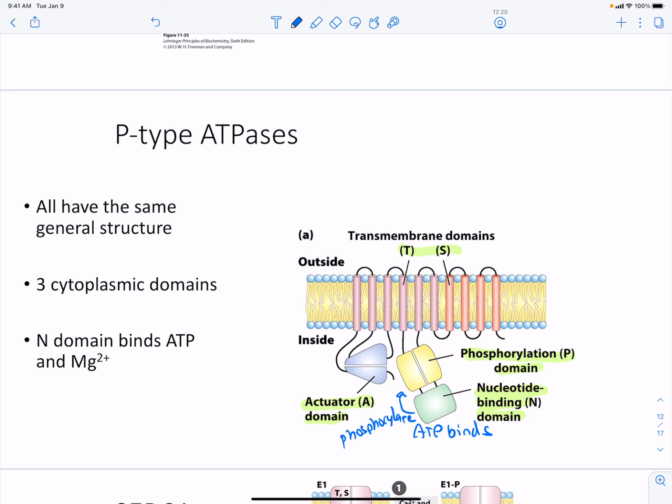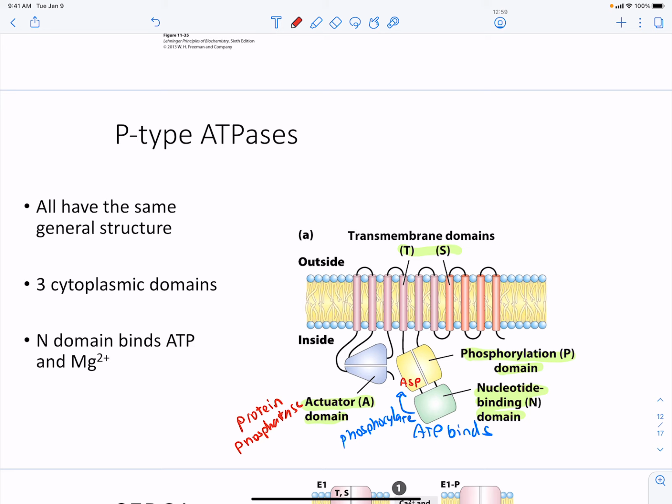Okay, so it bound to ATP, now it's going to phosphorylate our aspartic acid residues. Now your actuator domain has a protein phosphatase activity. And what we know about protein phosphatases is they can remove the phosphorylated groups. So our protein phosphatase will remove the phosphoryl group from the aspartic acid residue.